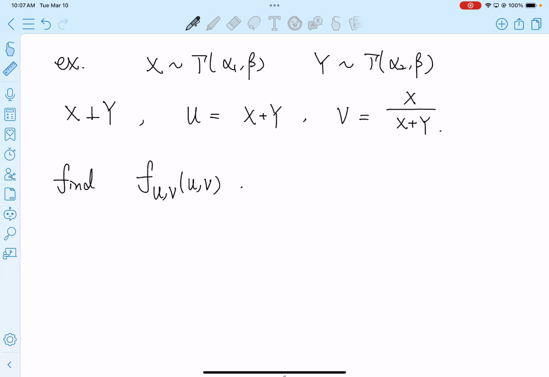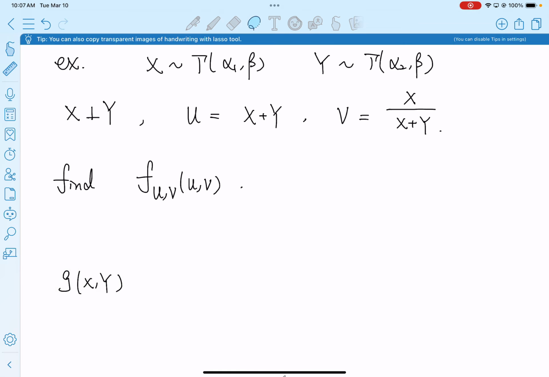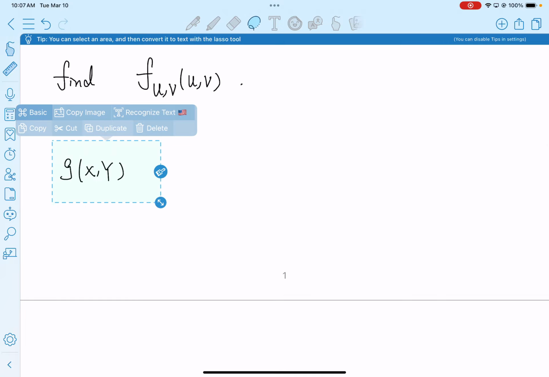In terms of the notation from the formula, the g's for x and y are the transformation. If you want, you can also create a table.